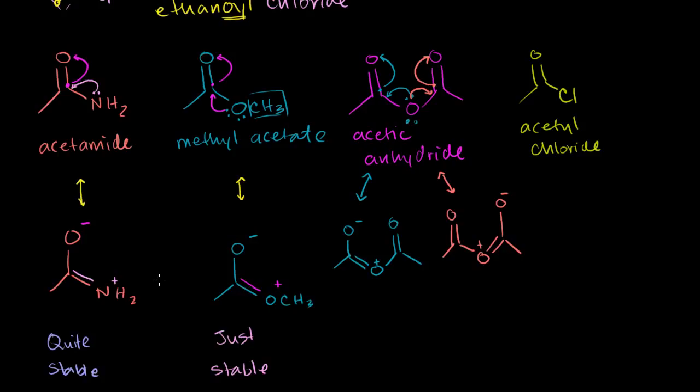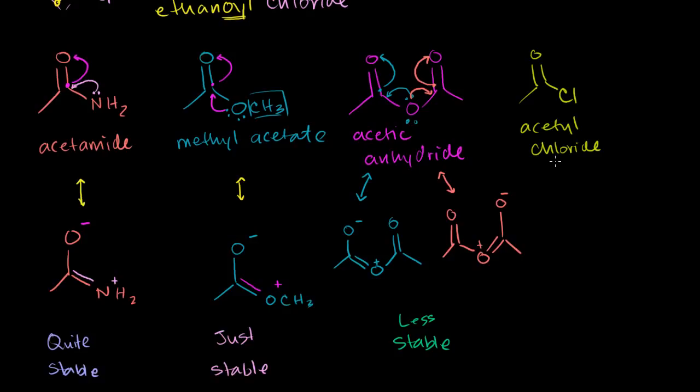And we even saw that this is still less likely to occur than this over here. So in an anhydride, if there's a resonance structure on the left side, then the right side is still reactive. So we'll call this less stable. This right here is less stable.